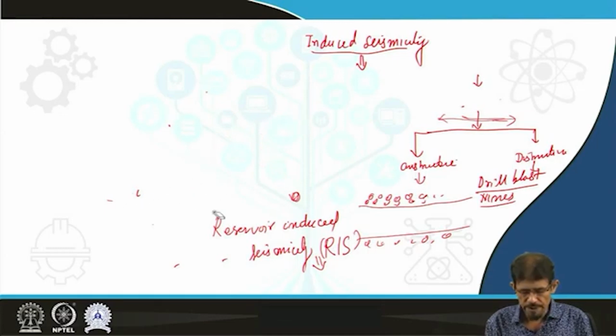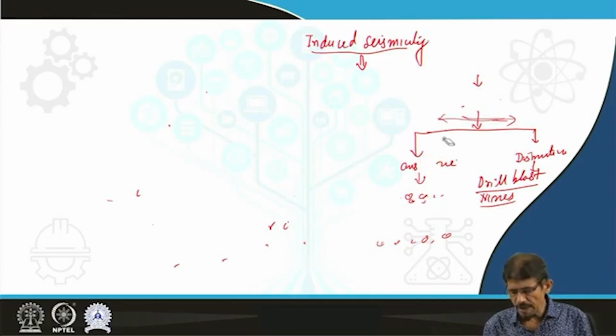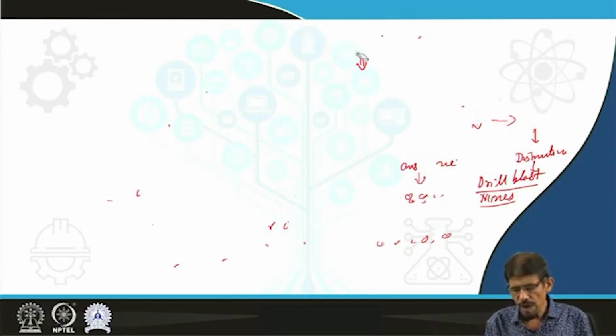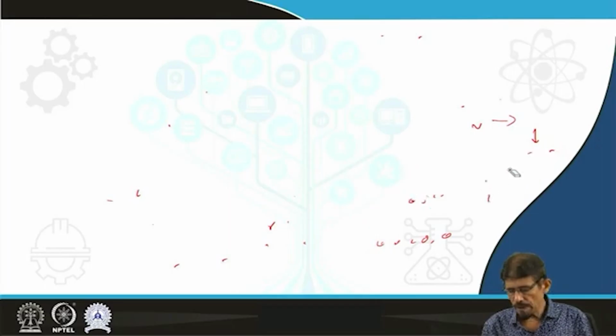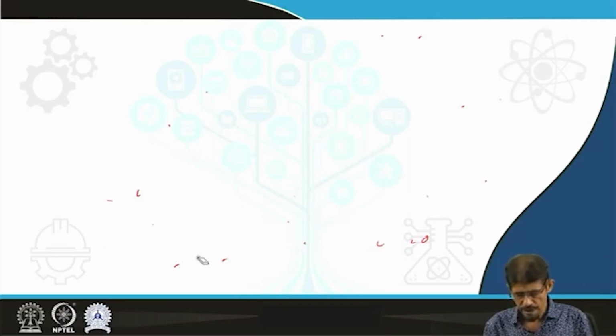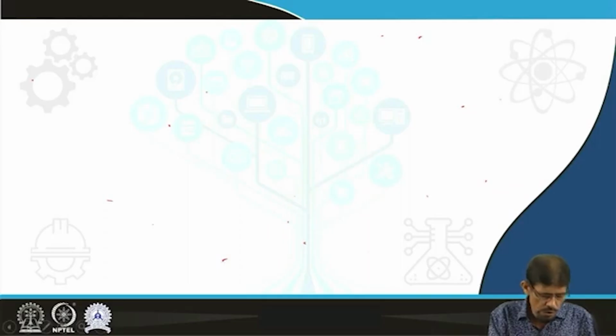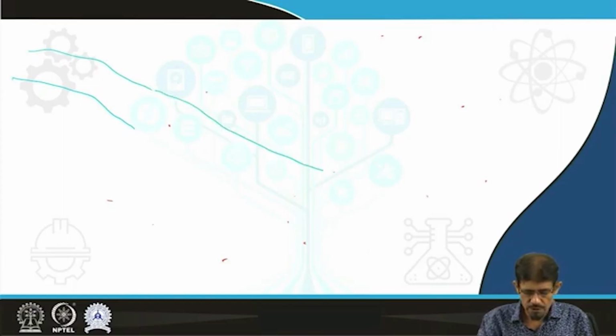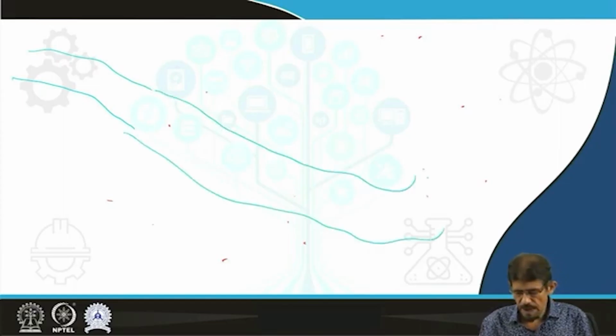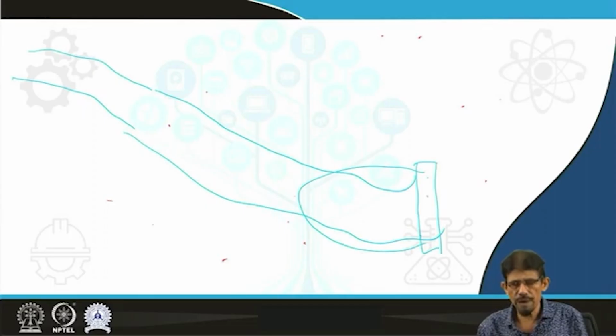Before explaining the RIS, we are going to again see the construction process involved in construction of dams and filling of water in the reservoir. Suppose this is a river channel in natural condition, and we are going to construct a dam here as a barrier to impound water of this river behind this developed structure.